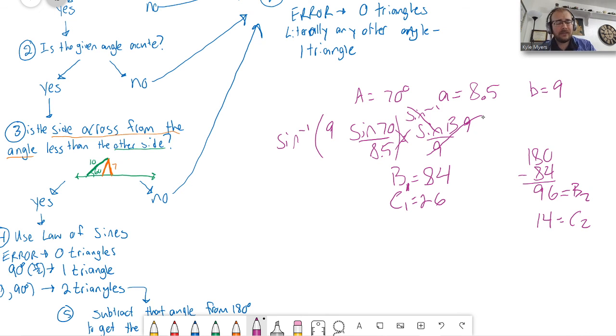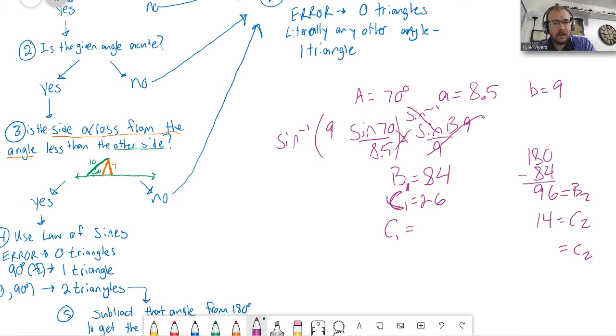And then I can just use law of sines again to figure out the length C. I just need one more bit of information. I need the length C for both of these. So this is lowercase c. I just wrote C2 again; it's supposed to be C1.